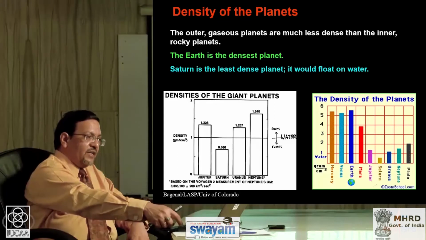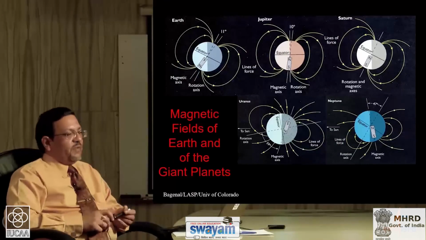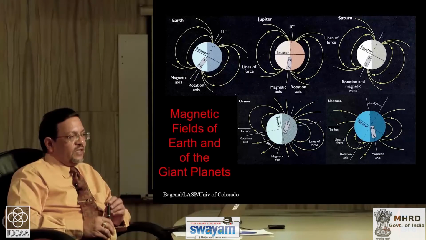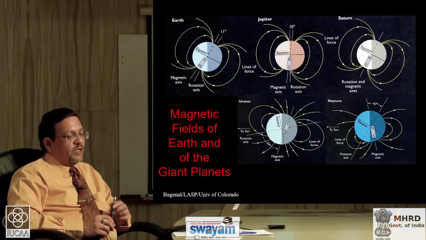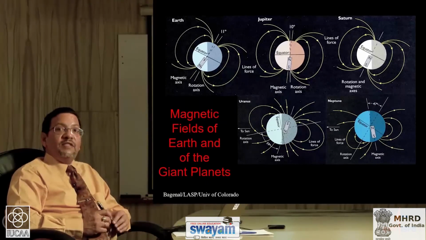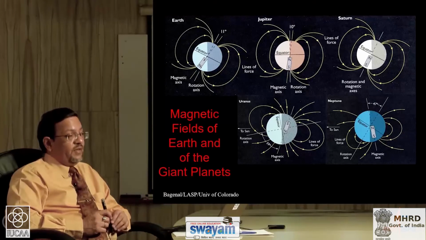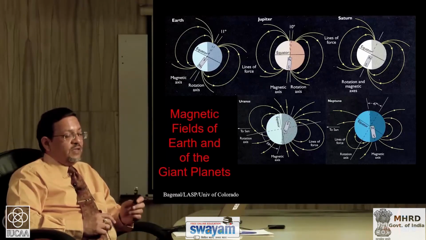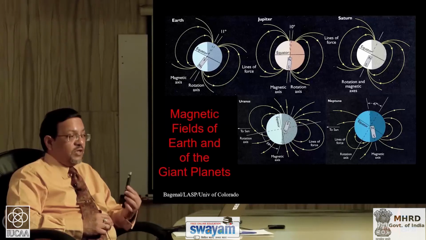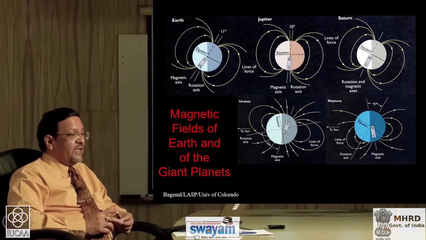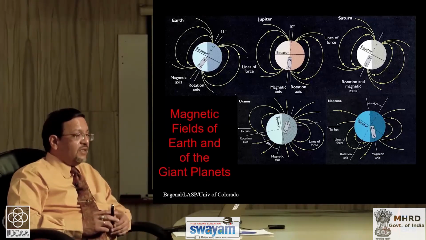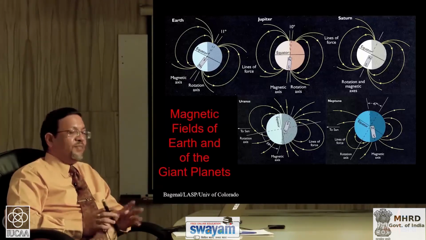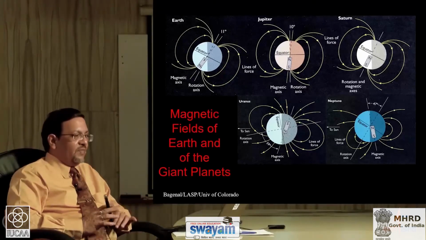Let us look at the magnetic field configuration of the planets, which is shown over here. In our solar system, we have only 5 planets which have an intrinsic magnetic field: Earth, Jupiter, Saturn, Uranus and Neptune. And if you look at the tilt of this magnetic axis with respect to the rotation axis, you can see that the planets Earth and Jupiter have somewhat similar tilt.